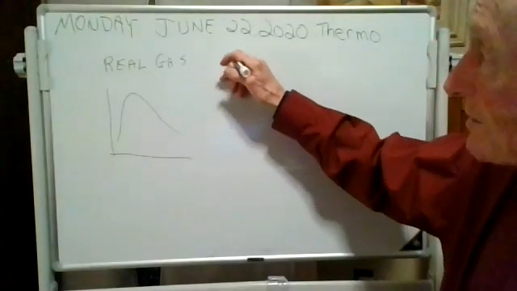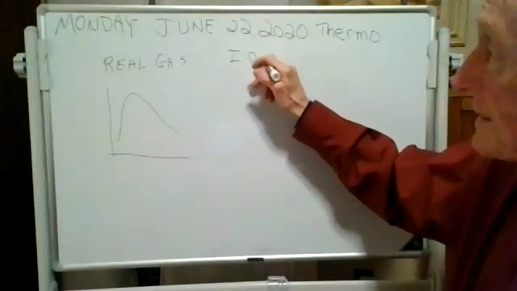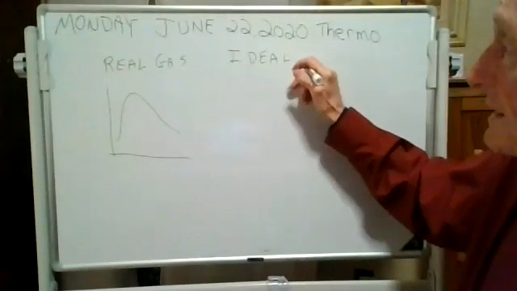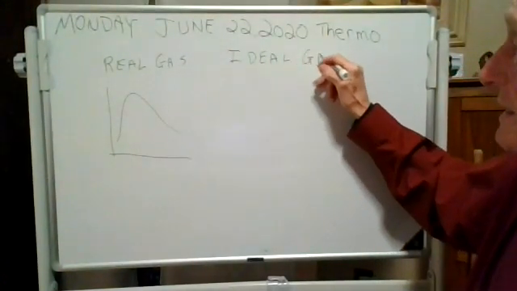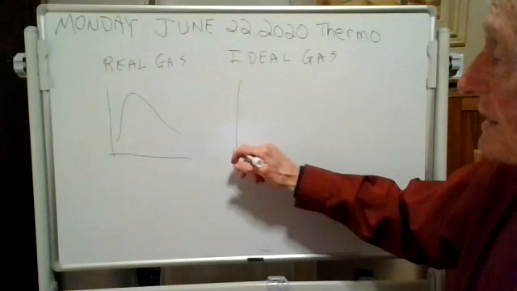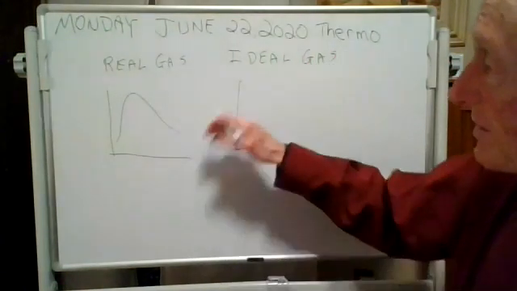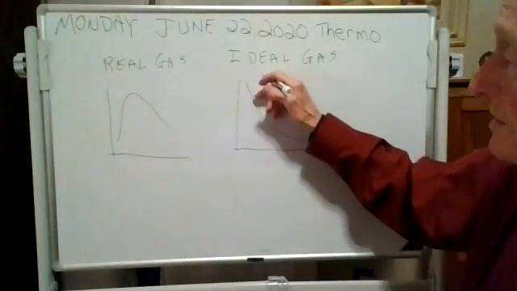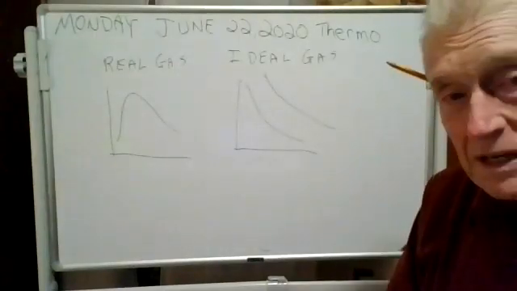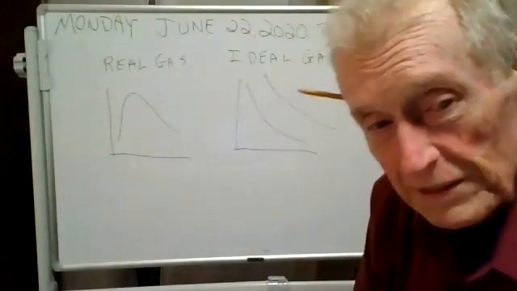If you have an ideal gas, it's not going to have that. It's going to have these hyperbolic isotherms.